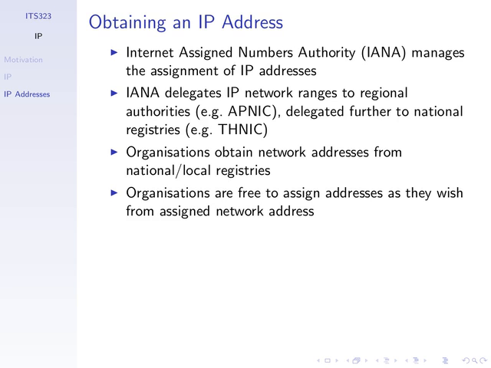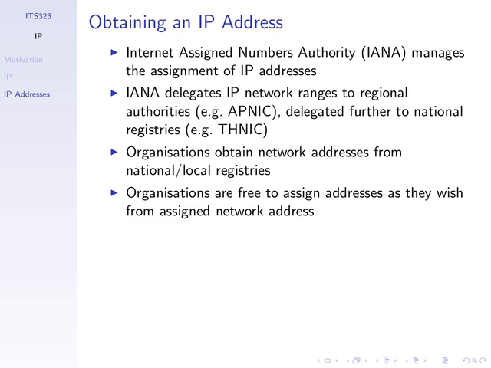IP addresses, we have 32 bits. We have 2 to the power of 32 possible values, but in fact structured by network and host. They are managed by some central organisation, the Internet Assigned Numbers Authority.